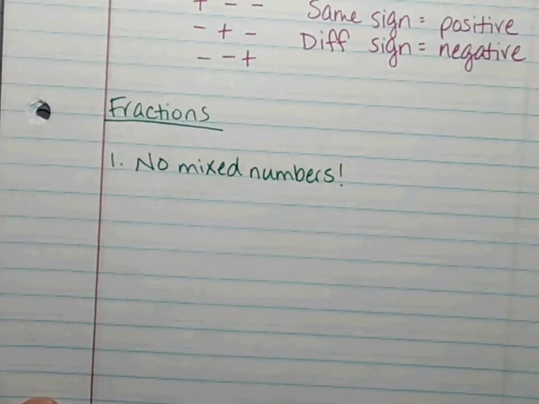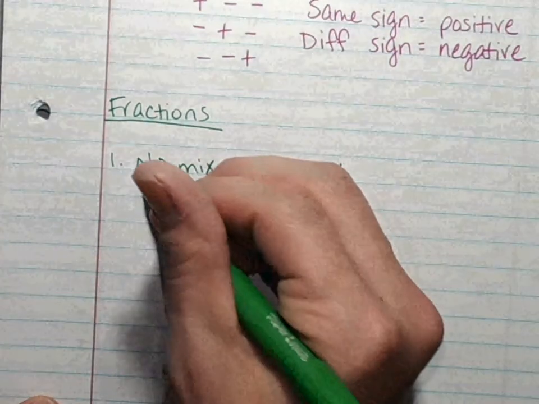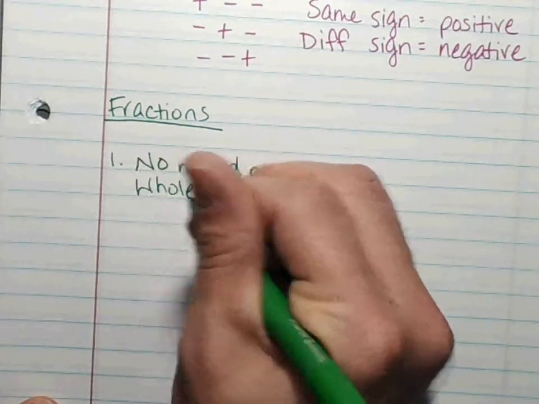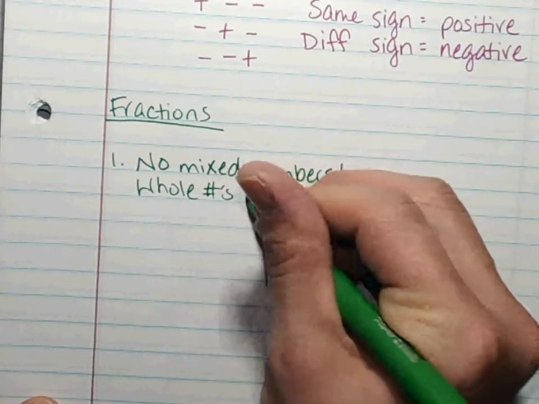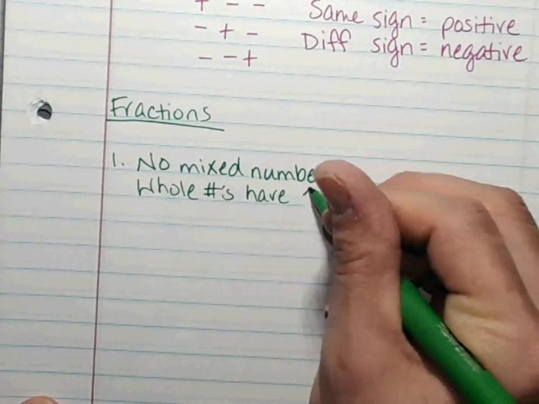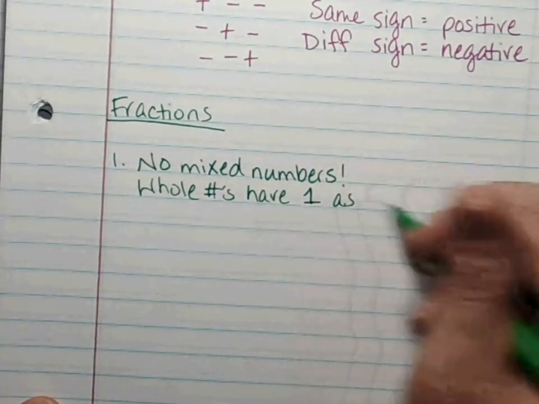No mixed numbers. And you may want to add that all whole numbers, so like if you had times 5, it's 5 over 1. So whole numbers have 1 as a denominator.